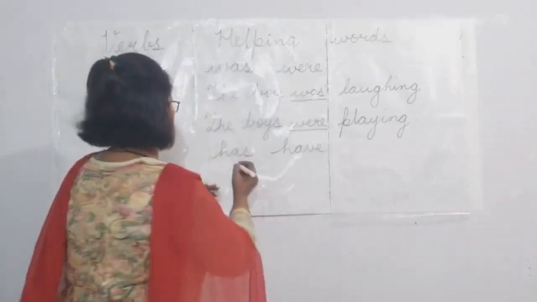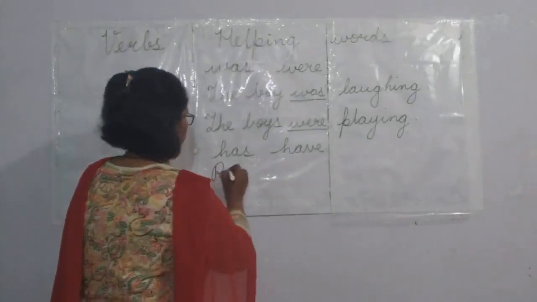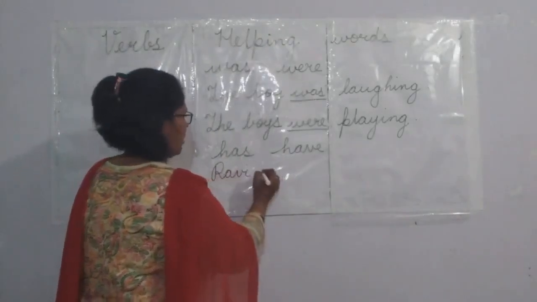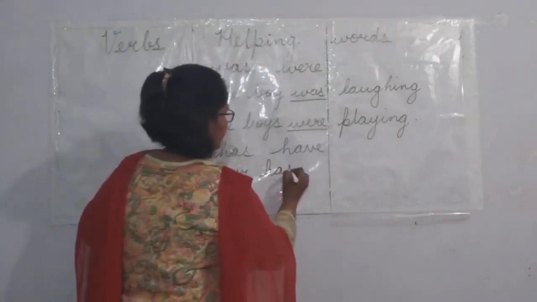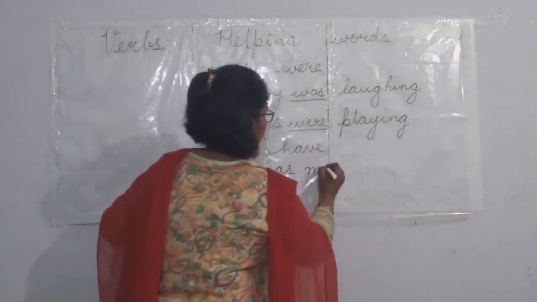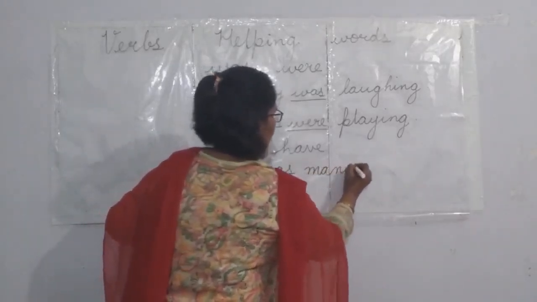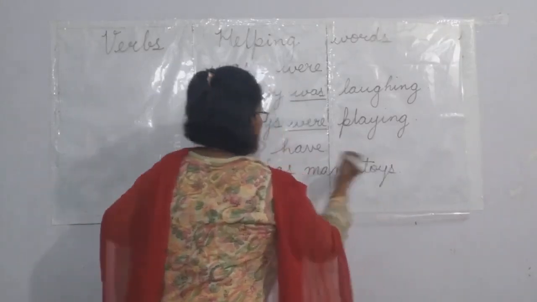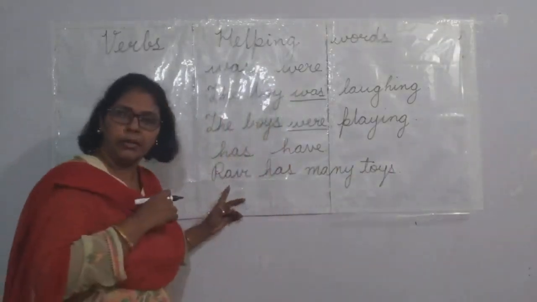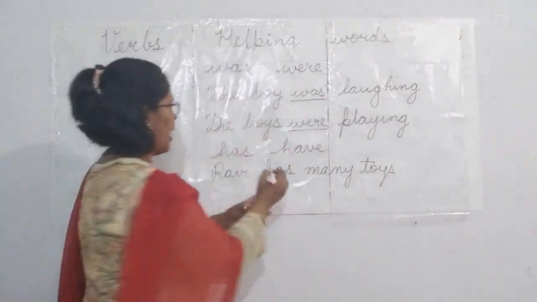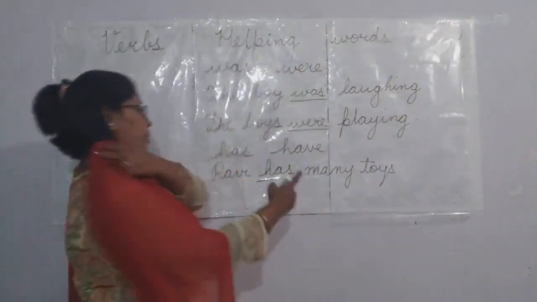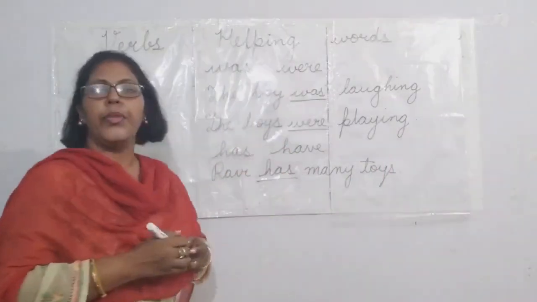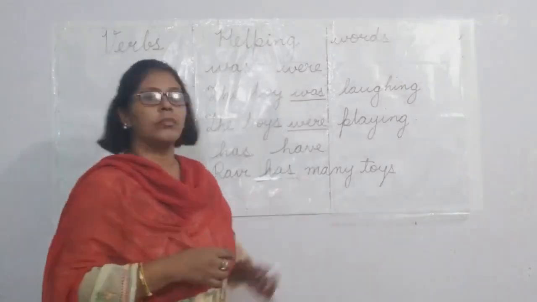Like, Ravi has many toys. Here Ravi is one person, so you have to use has.